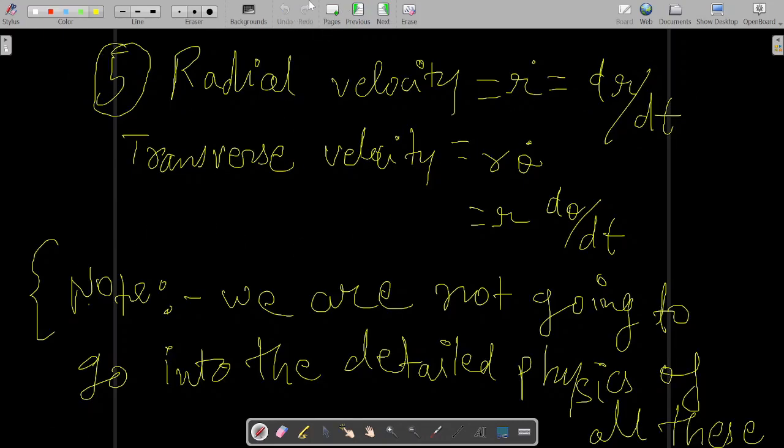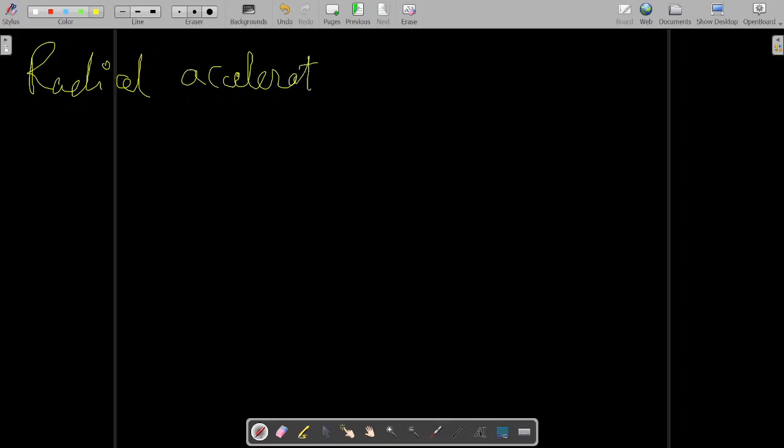So transverse velocity I have defined. Now we will define radial acceleration. Radial acceleration is equal to r double dot minus r theta dot square.